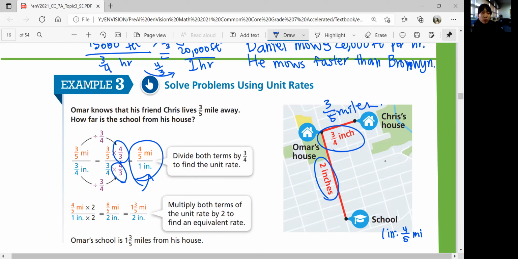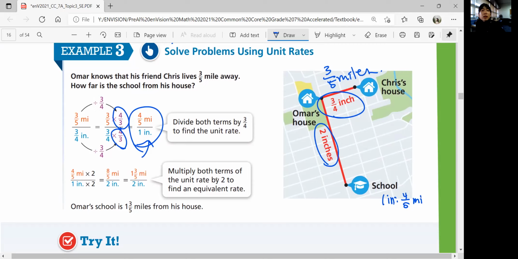So multiply both terms of the unit rate by 2, and your equivalent rate would be 1 3/5 miles, and that is the actual distance from Omar's house to the school. So your final answer, Omar's school is 1 3/5 miles from his house.